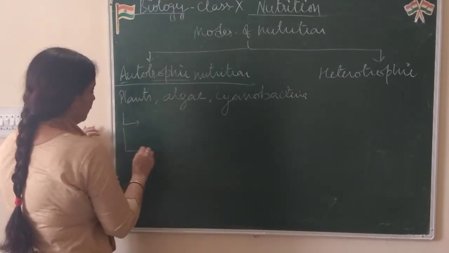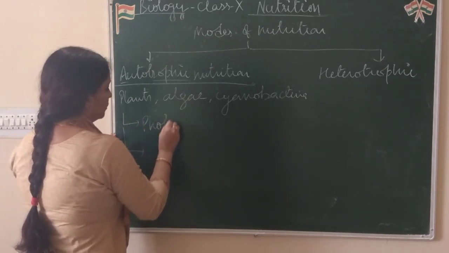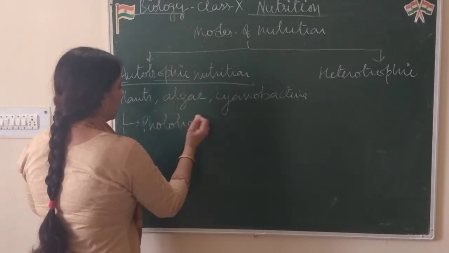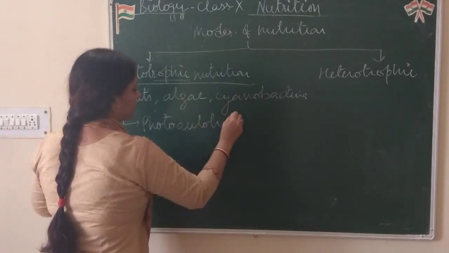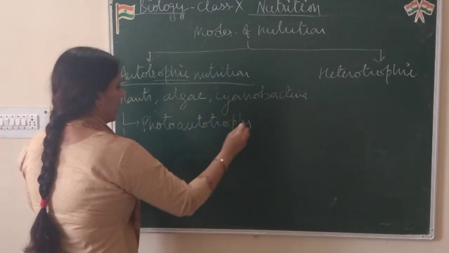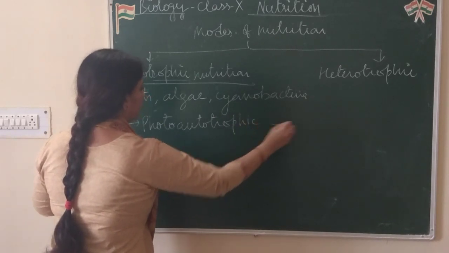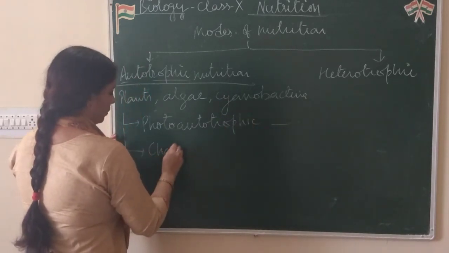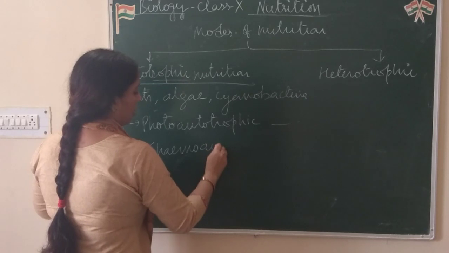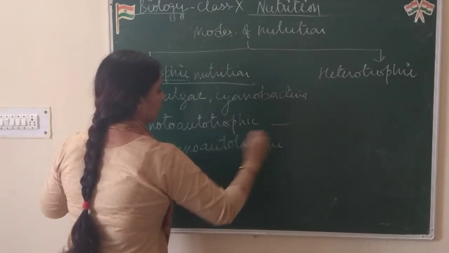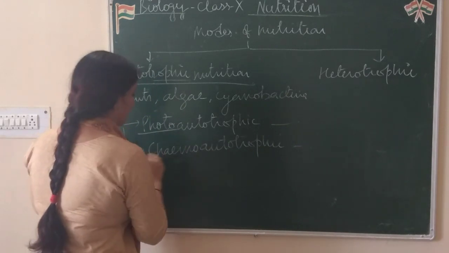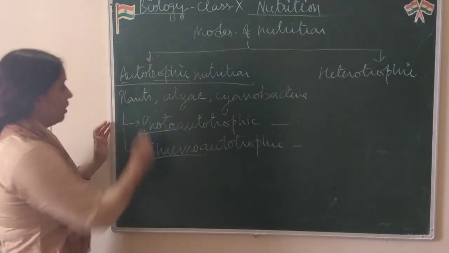Autotrophic nutrition is further divided into two types: photoautotrophic nutrition and chemoautotrophic nutrition. Photo and chemo, two words are used here.